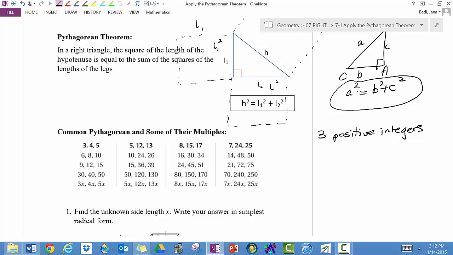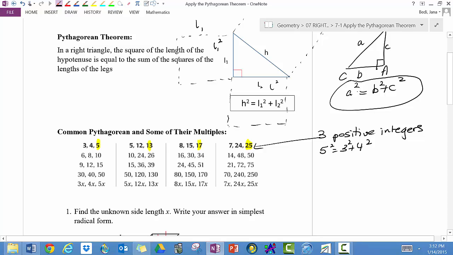And if you look at the bolded numbers, the hypotenuse in each case would be the last number. So let's highlight that, because the hypotenuse is always the longest side of a right triangle. So we would say in the first case that 5 squared is equal to 3 squared plus 4 squared, and you can check that out, that works.